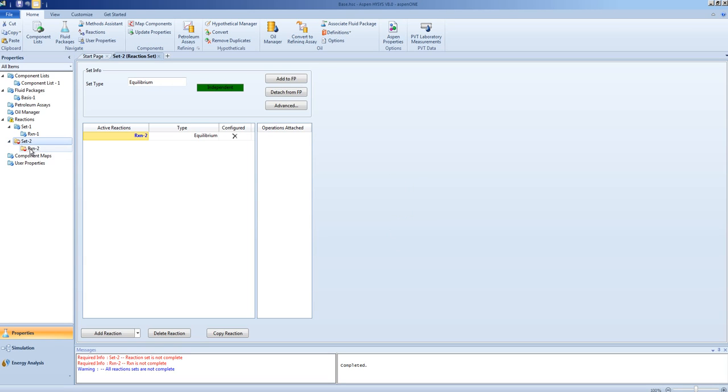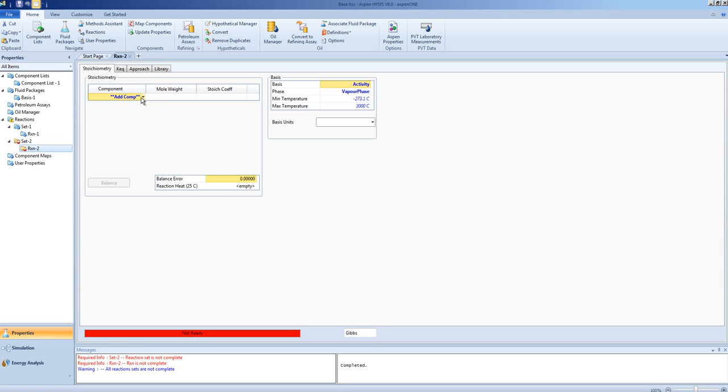Note we must configure the reaction by entering the stoichiometry.